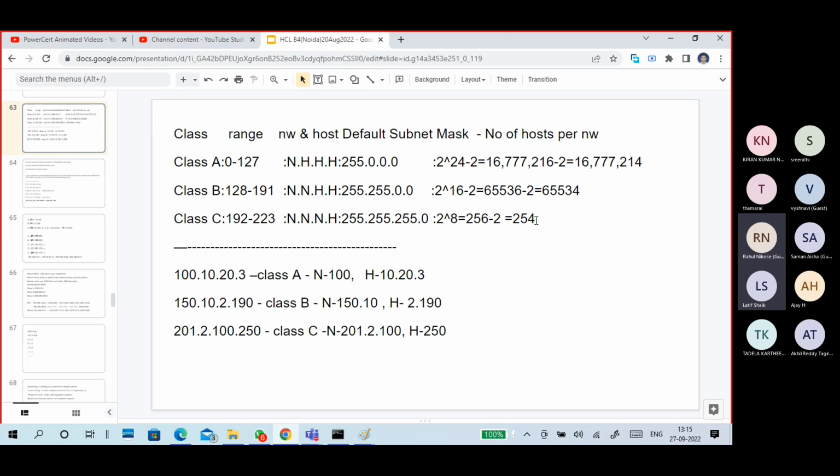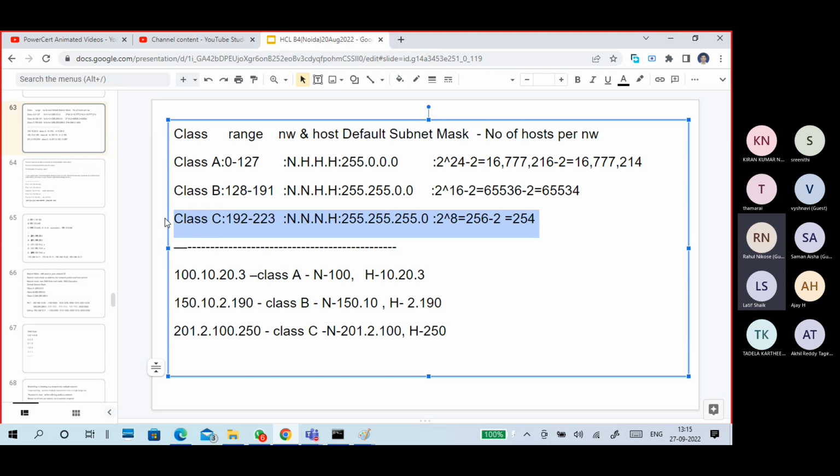If I divide a class C network into two parts by changing the subnet mask, then I will get 126 IP addresses per subnetwork.